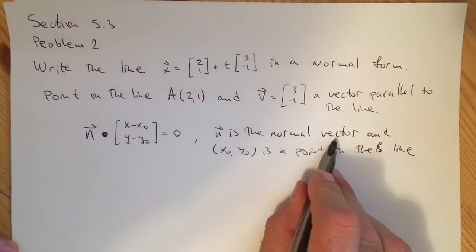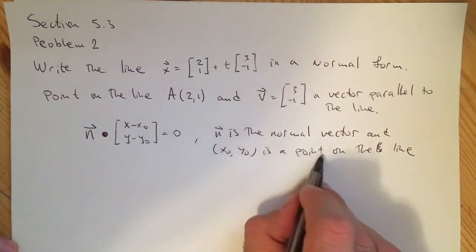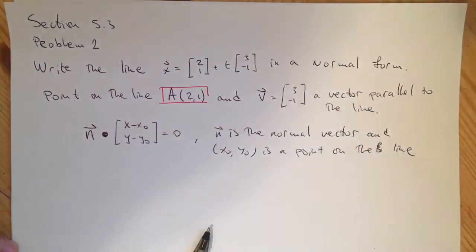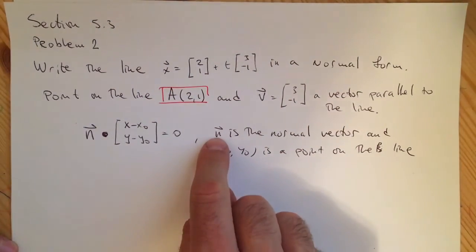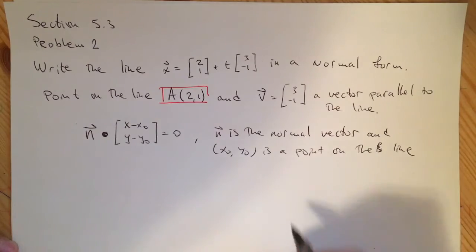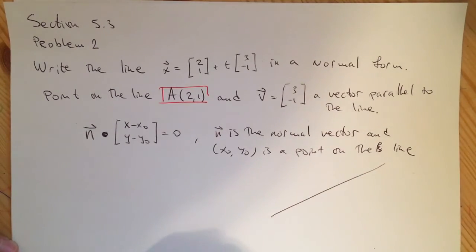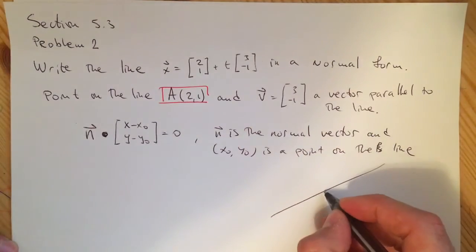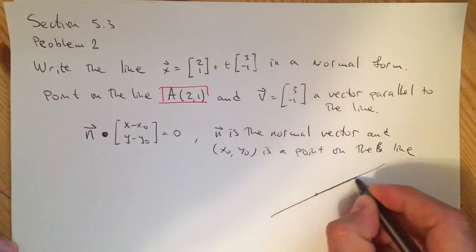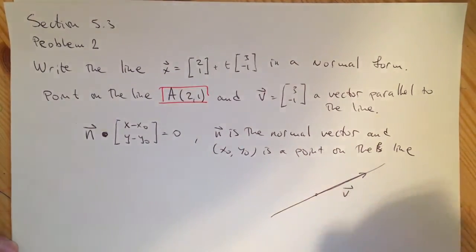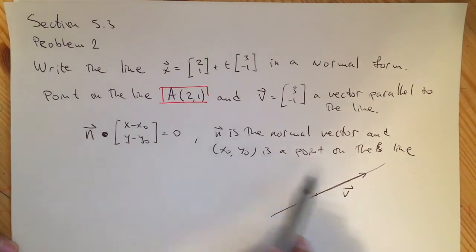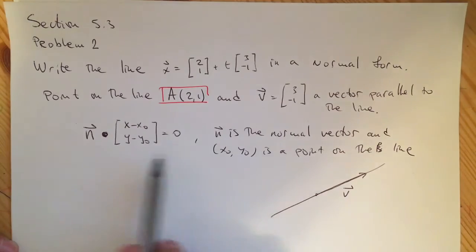Where n is the normal vector and x naught, y naught is the point on the line. So this x naught, y naught is given right here, and all we have to do is figure out what n is. So if this is our line here, we're given a vector parallel to this line, so that's the vector v.